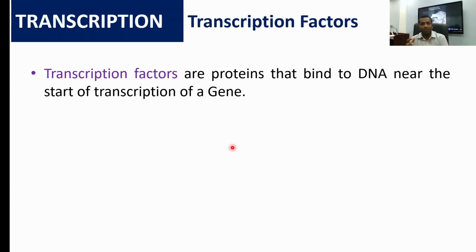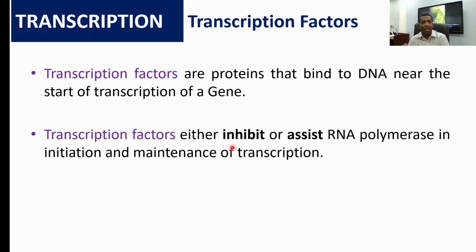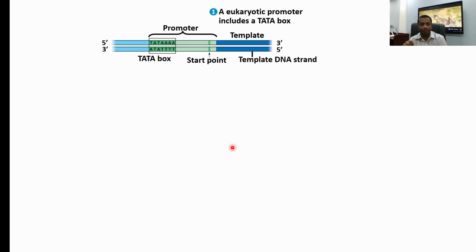Transcription factors are proteins that bind to the DNA near the start of transcription of a gene, and they can either inhibit or assist RNA polymerase in initiation and maintenance of transcription. So the activity of RNA polymerase is controlled by these transcription factors.